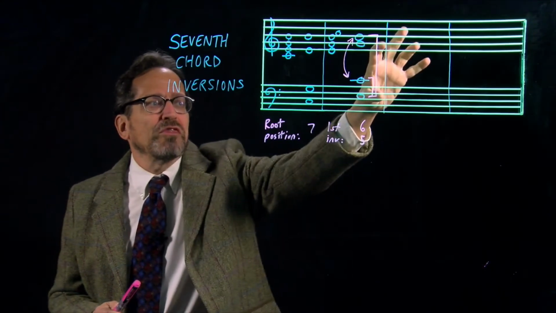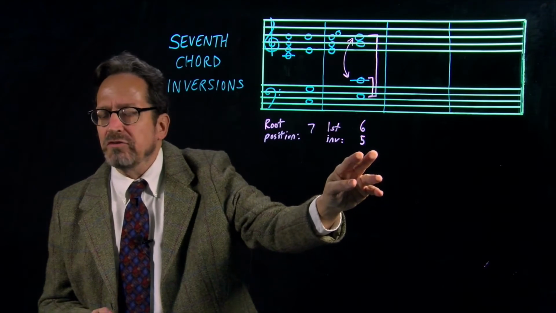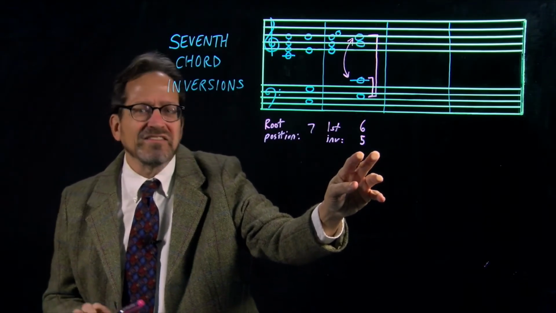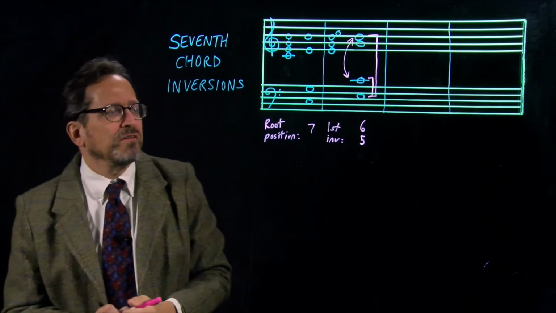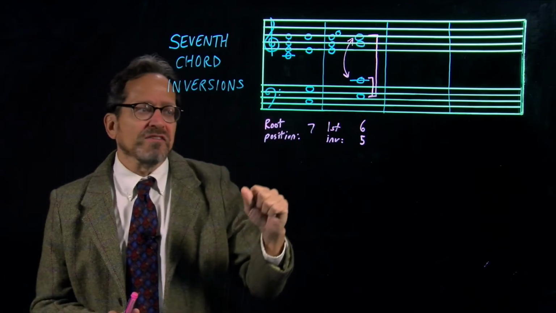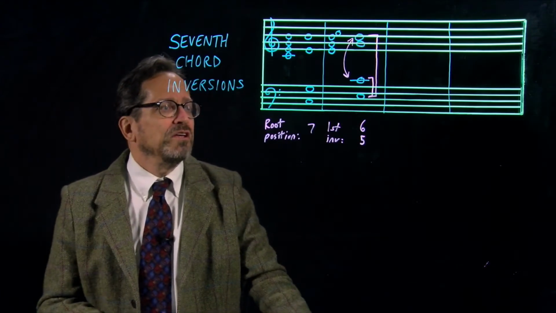There is also that third above the bass. But generally speaking, we don't add that to the figured bass or to the inversion symbol unless there's something being chromatically altered, which we're not going to be concerning ourselves with right now. The dissonance is created between the sixth above the bass and the fifth above the bass, and so that is shown in our inversion symbol.